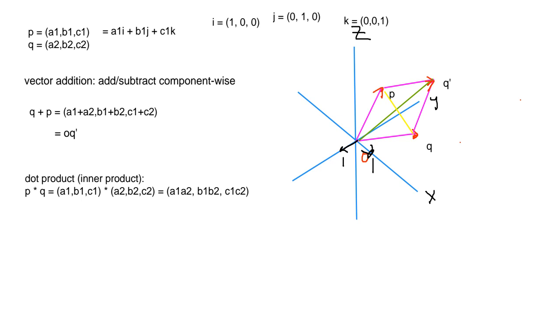So three vectors. Now let's go back to the new notation. What is A1i, B1j, C1k? Let's write them out. That equals A1 multiplied by i, which is 1, 0, 0, plus B1 multiplied by j, which is 0, 1, 0, plus C1 multiplied by 0, 0, 1.